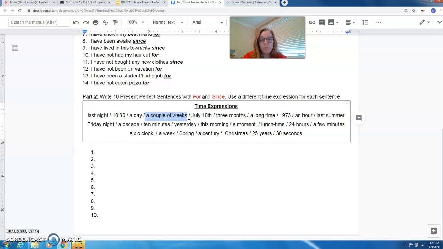A couple of weeks. I have been learning at home for a couple of weeks. I use for, the time, and I use the present perfect, have been. So continue and do 1 to 10.